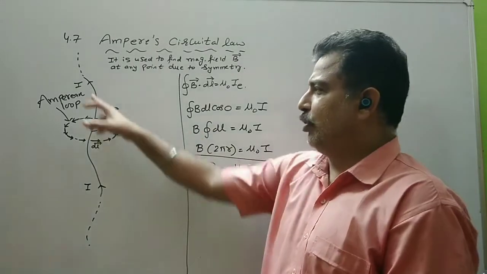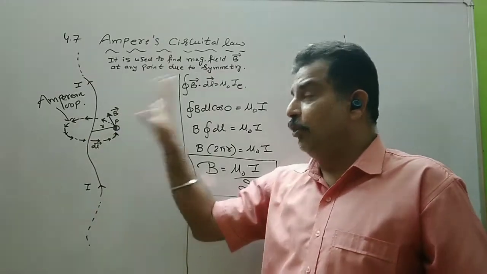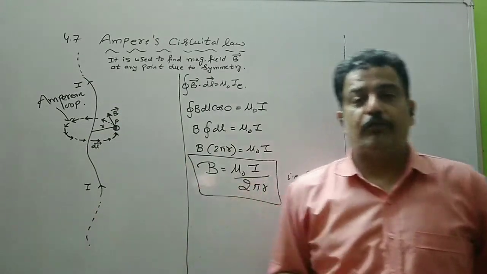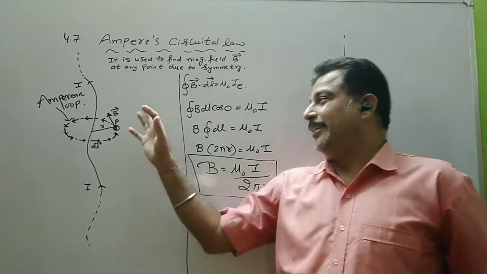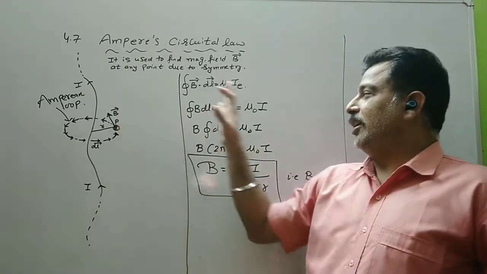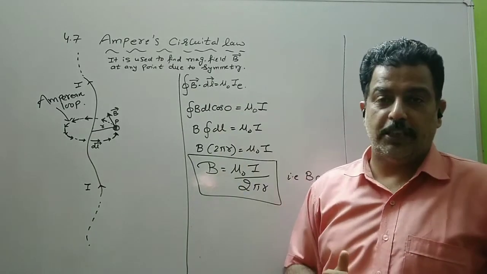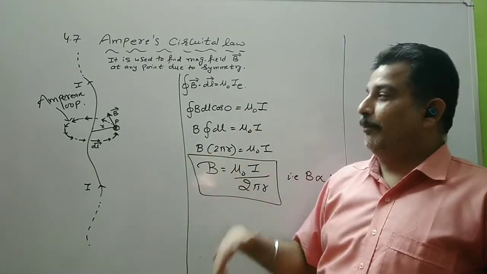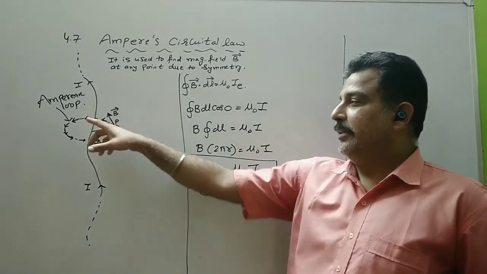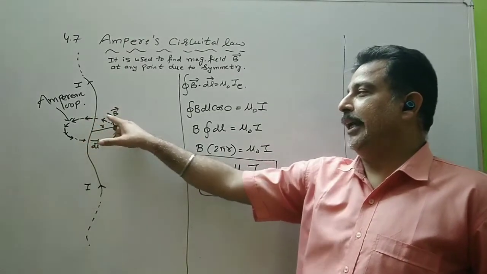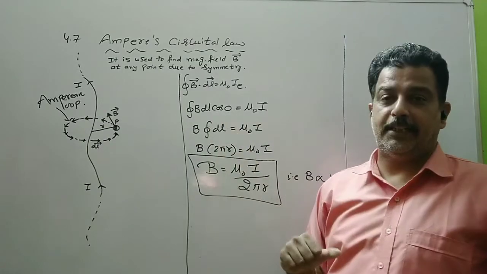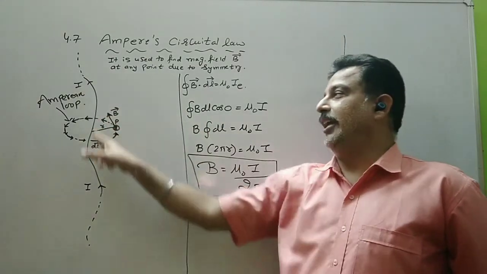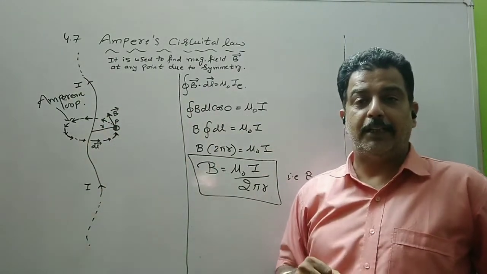So if there is only a single wire and we know the direction of the magnetic field intensity, it is better that B is taken tangential, so theta remains 0. If you take the opposite, that is, if you take dl to be clockwise, then you have to write cos 180, because the magnetic field intensity is always determined by the right hand thumb rule.